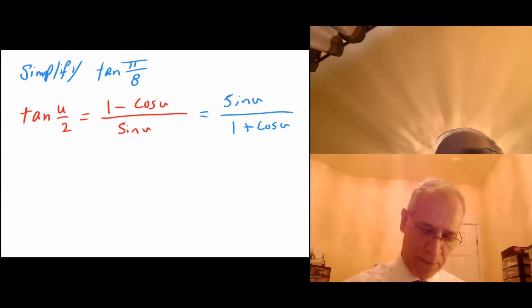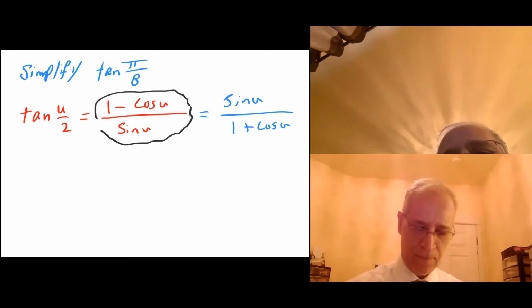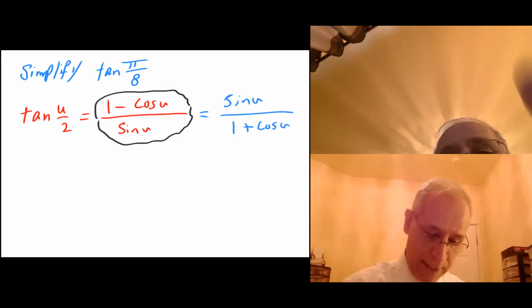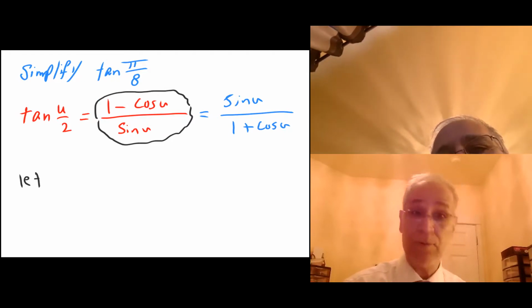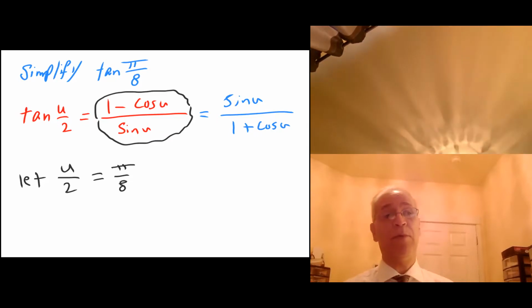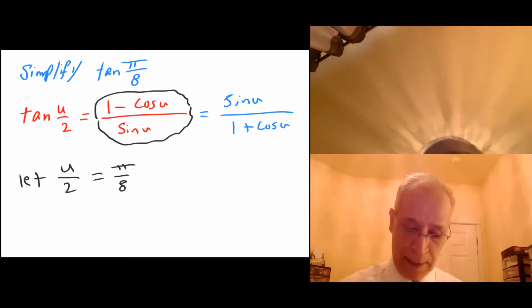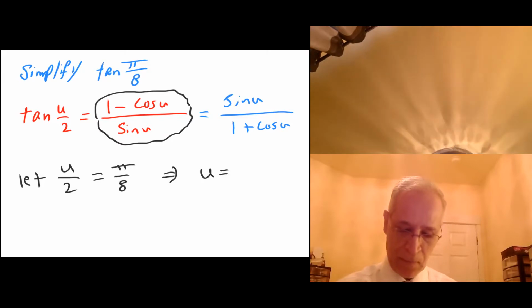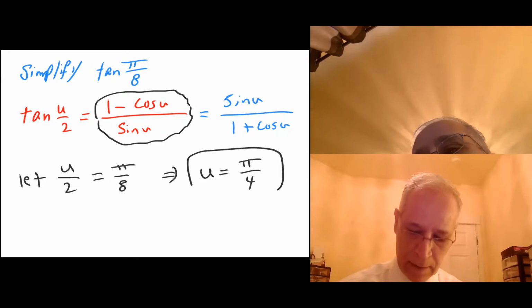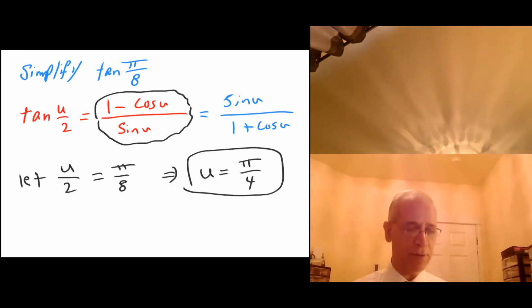I'm going to use the first one. Okay, to show every step, let u over 2 be pi over 8. Multiply both sides of this by 2 and you will get u equals pi over 4.